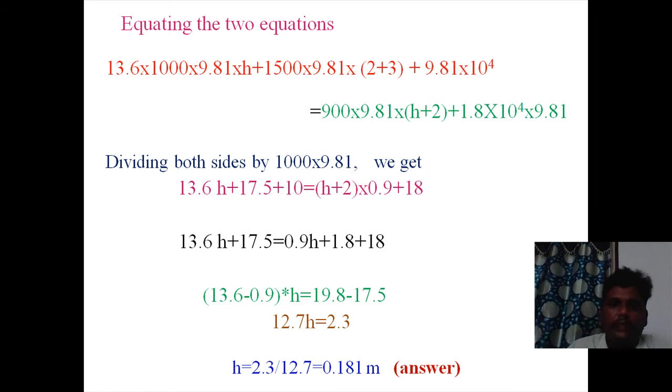Now taking the h terms on one side and the other terms on the other side, we get 13.6 minus 0.9 h, 19.8 minus 17.5 is equal to this value. After getting these values, now h is equal to 2.3 divided by 12.7. We get this value. This is the answer. Now the difference of mercury level, h, is equal to 0.181 meters.